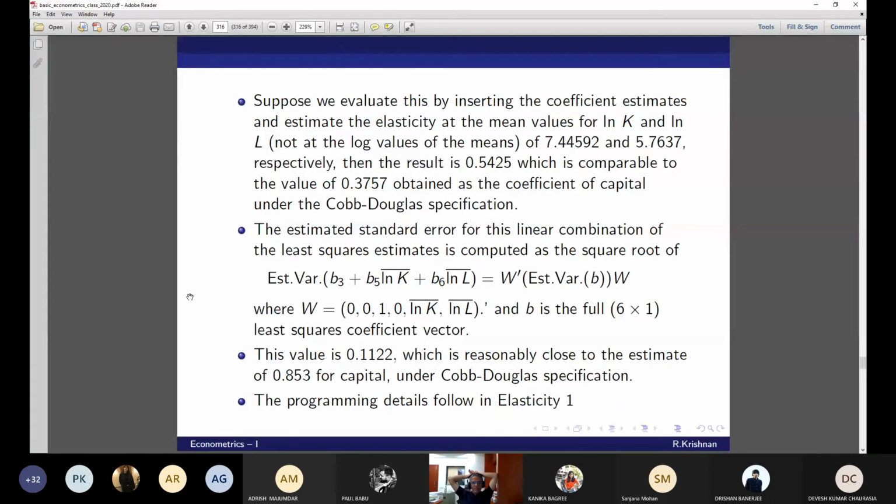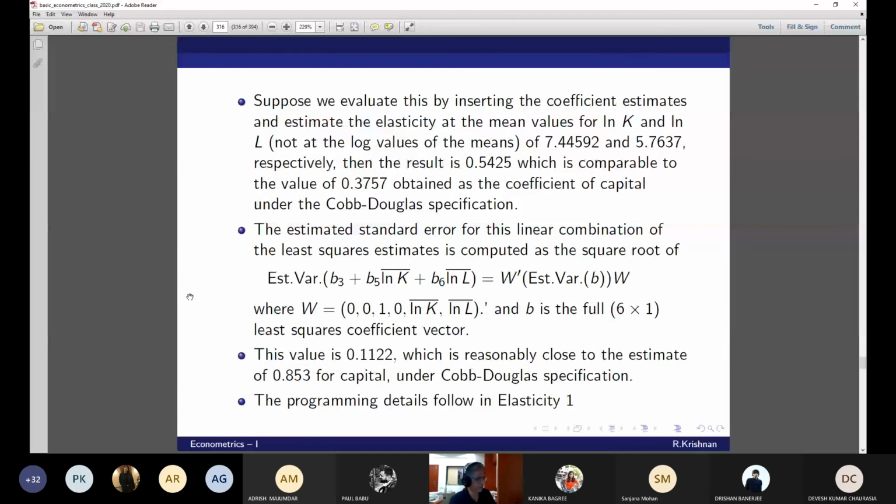Okay, estimate the standard error for this linear combination. How did they find this? So this is the delta method application, right? That's what I've given you: W prime estimated var B W, where var W is equal to this, and B is a 6 by 1 ordinary least squares coefficient vector. The value is 0.0112, which is reasonably close to the estimate of 0.0853 for capital under the Cobb-Douglas specification.